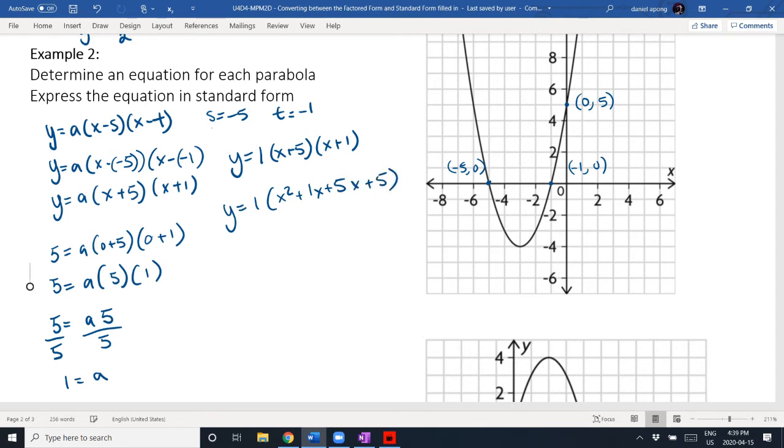Now we're just going to add these like terms together in the middle here. So y is equal to 1 bracket x squared plus 6x plus 5. And then when we simplify this, y is equal to x squared plus 6x plus 5, and that's our completely expanded form there.